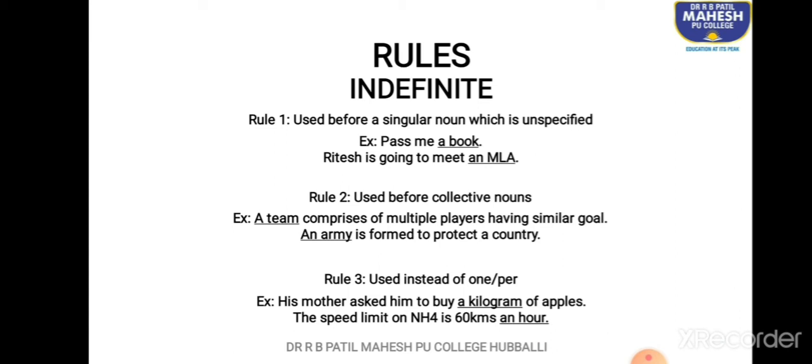Instead of using one, one can use a. The speed limit on NH4 is 60 kilometers an hour. Usually, you might have noticed, the speed limit on NH4 is 60 kilometers per hour. So instead of per, an can be used.